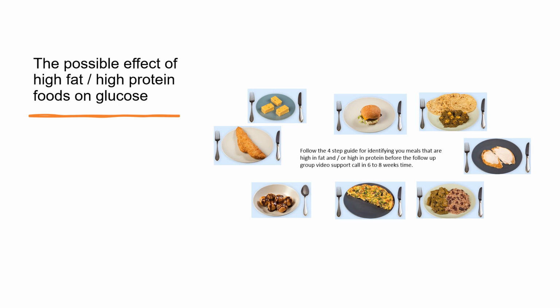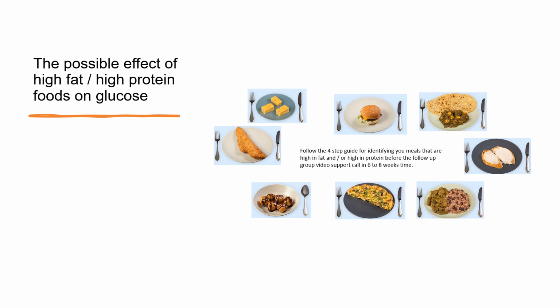This is to allow participants time to finish basal ratio and correction factor checks and time to identify their own meals that may affect glucose before considering dosing for them. Week 5 of the course outlines a 4-step approach to identifying their own high-fat, high-protein meals.